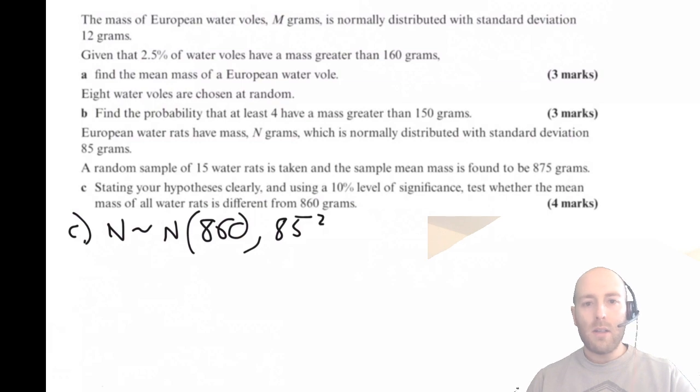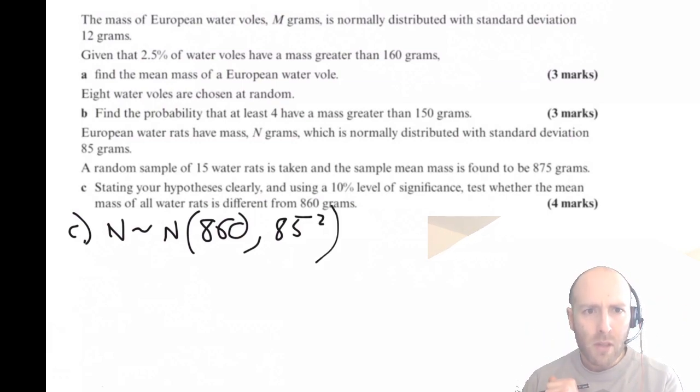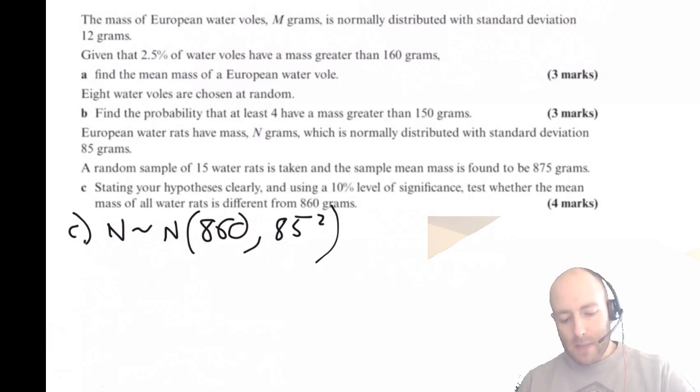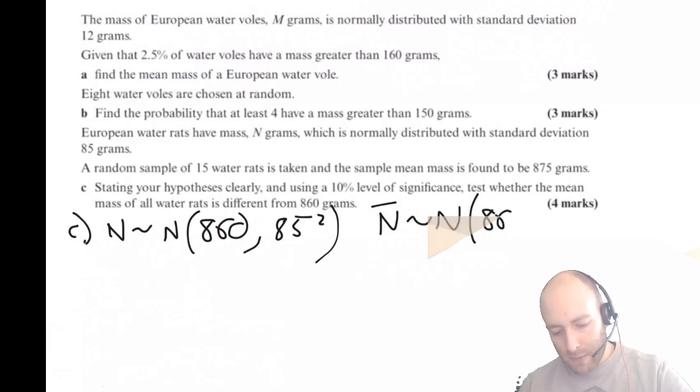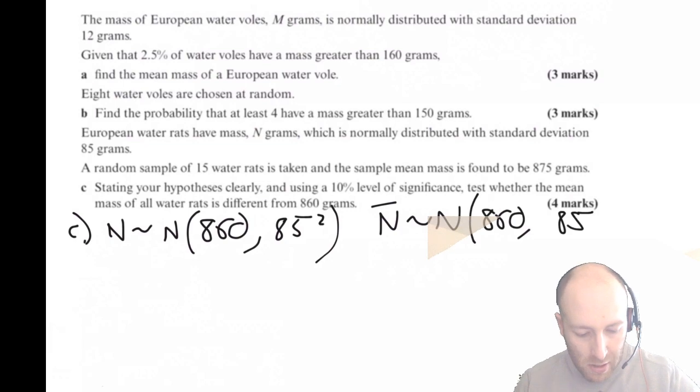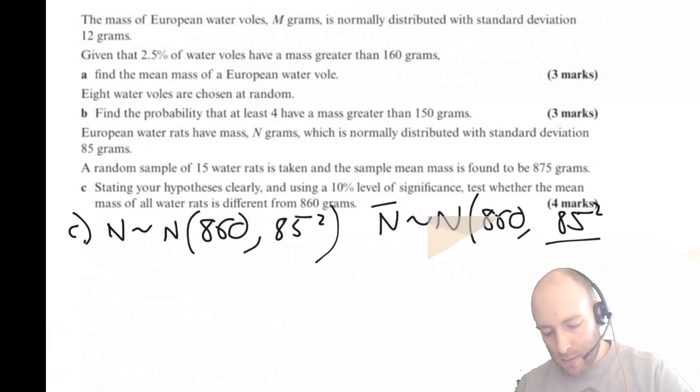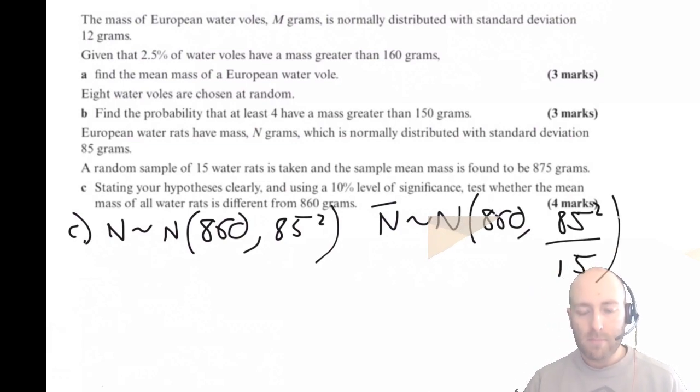So that's our normal distribution for their mass. The sample mean distribution, n bar, will be the same mean, and then 85 squared over, and we need to divide it by 15 because that's our sample size.